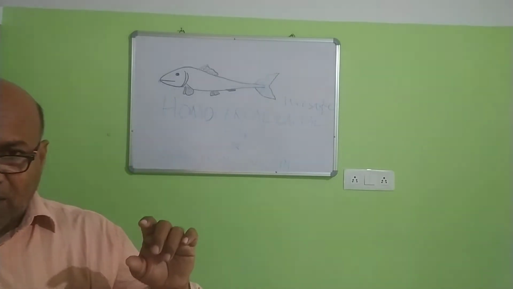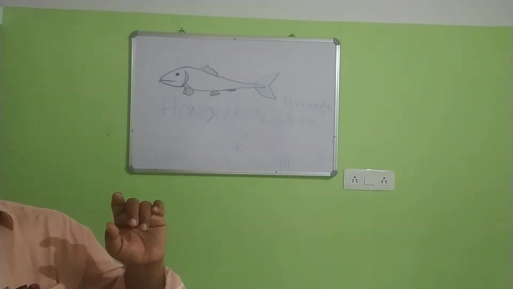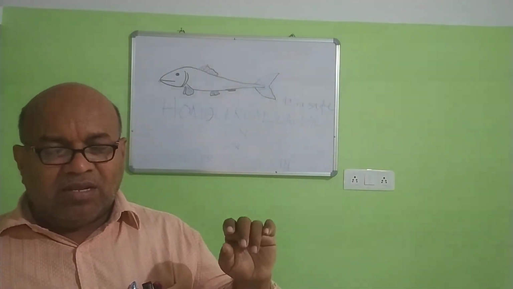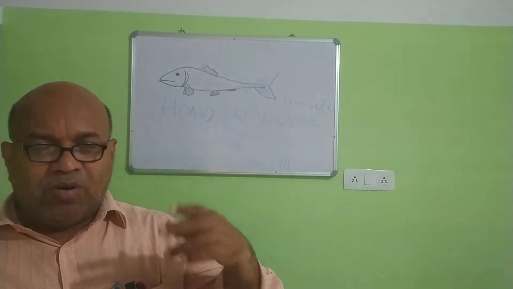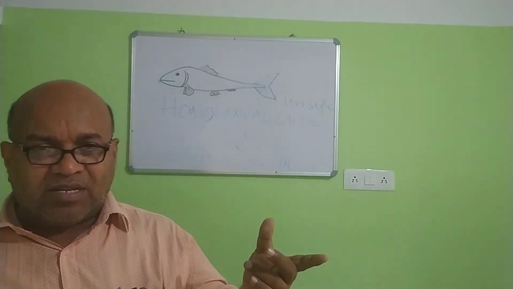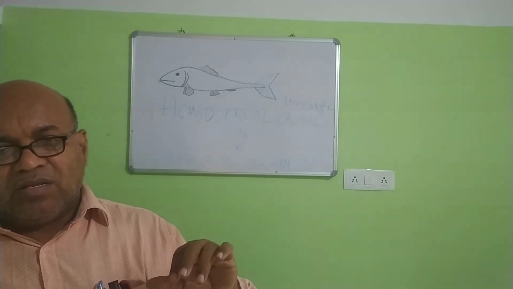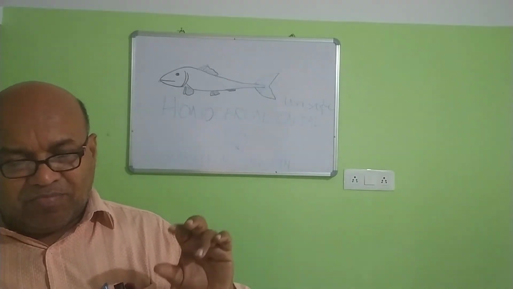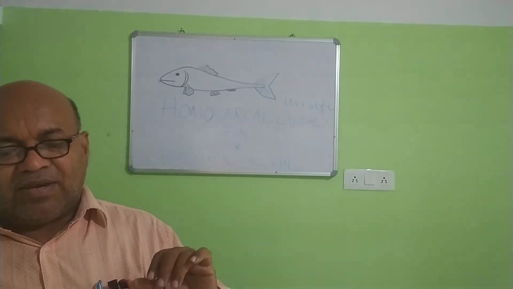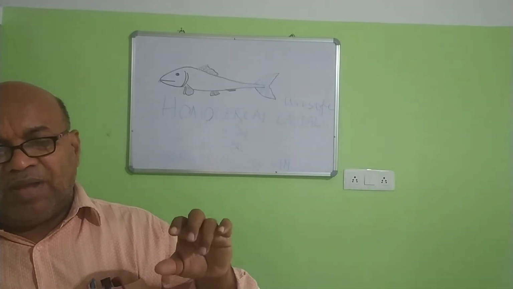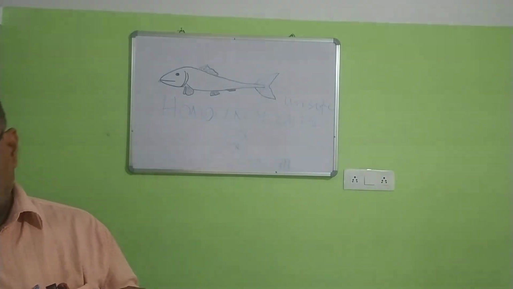Then you review the heterocercal tail-bearing fishes. Somewhere the epicaudal lobe is larger, and in the hypocercal caudal fin, you see the ventral lobe is larger.